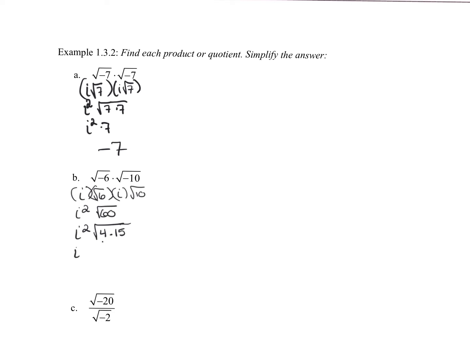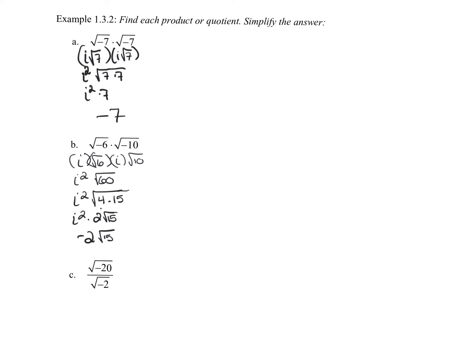So this is going to be i squared times 2 root 15. i squared is -1, so this is -2 square root of 15.